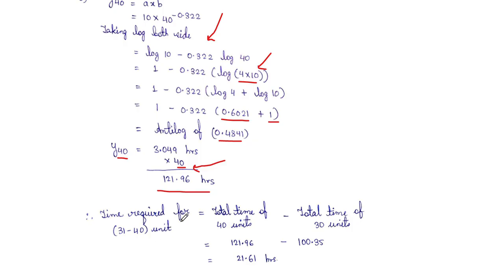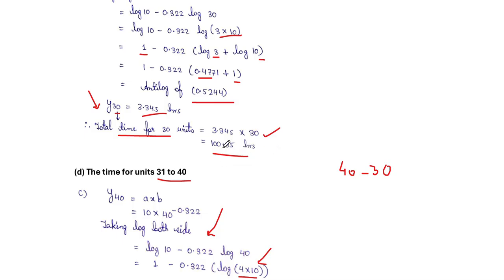So we need to calculate the time required for 31 to 40 units. So from the total time for 40 units, subtract the total time for 30 units. The total time for 40 units is 121.96 and the total time for 30 units we have already calculated in the previous question.